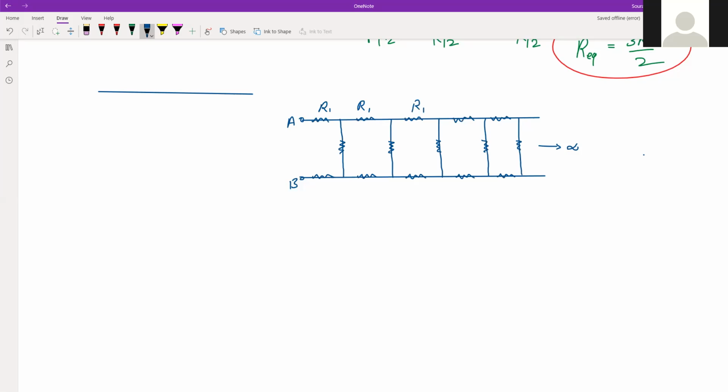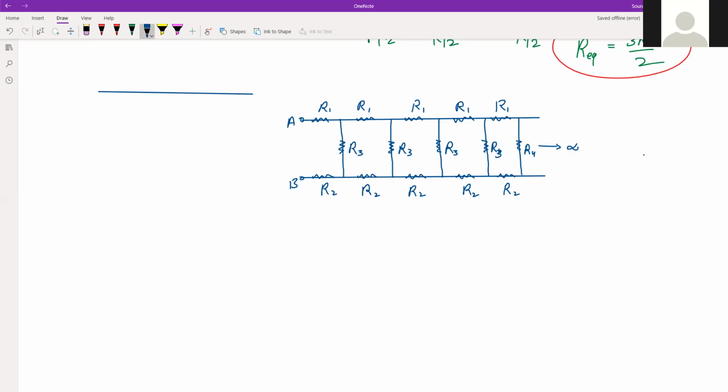So one repetition is this, that all of these are one resistance. Then these are all the second type of resistors, and then we have this, which is the third type of resistor. So as you can see here, this is how they are repeating itself.